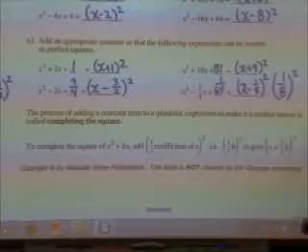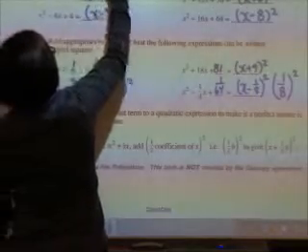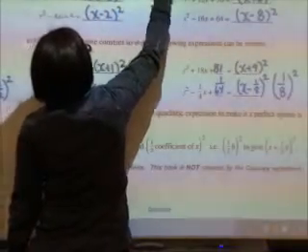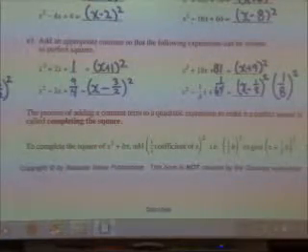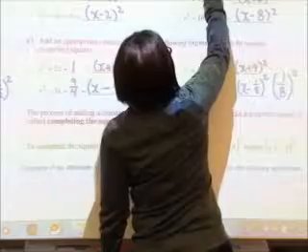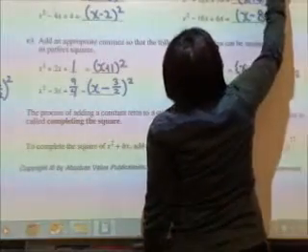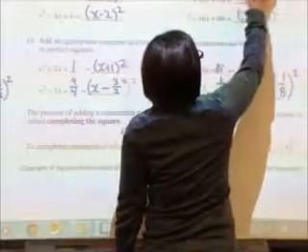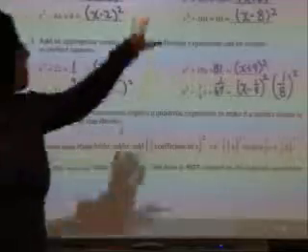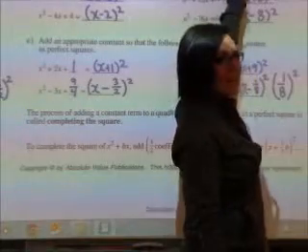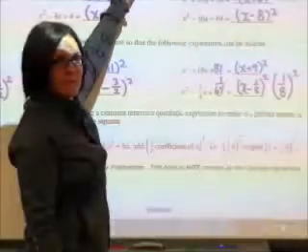And if you notice with our standard form equation, this right here is my perfect square. So what I'm going to do with my y equals ax squared plus bx plus c is create a perfect square within those first two terms. I'm going to make my perfect square in here so that I can then factor it to look like this.